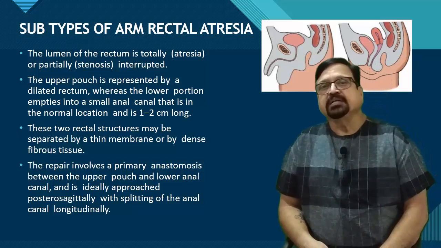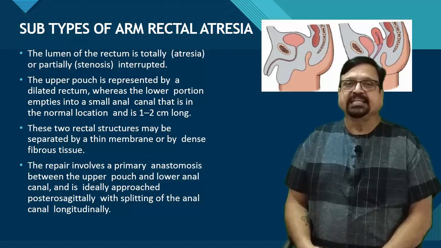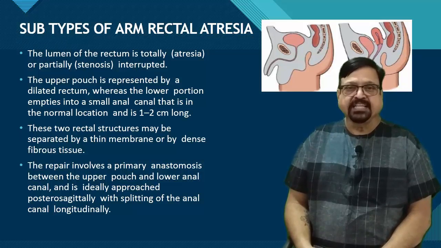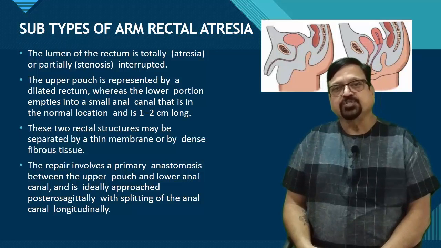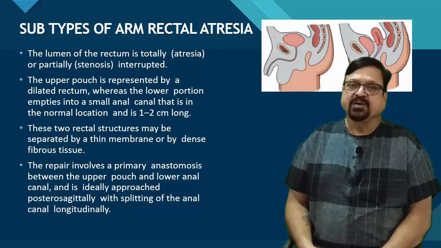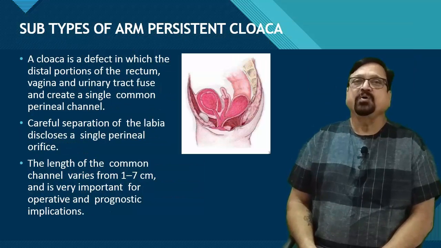These two rectal structures may be separated by a thin membrane or by dense fibrous tissue. The repair involves a primary anastomosis between the upper pouch and the lower anal canal and is ideally approached posterior sagittally with splitting of the anal canal longitudinally.